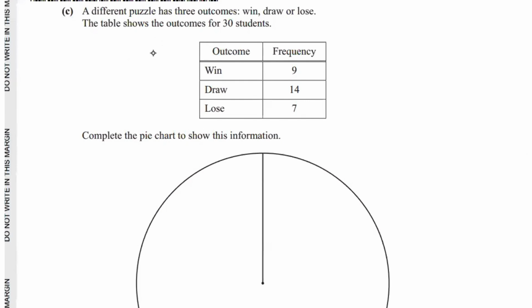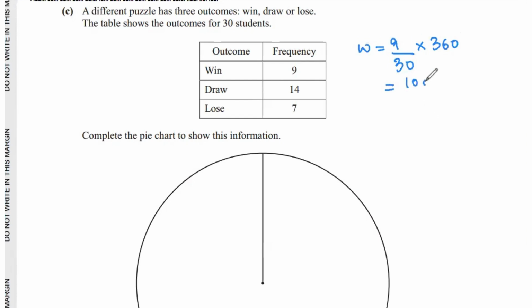Part C says a different puzzle has 3 outcomes: win, draw, or lose. The table shows the outcomes for 30 students. Complete the pie chart to show this information. So for this, we need to first find the angles. For win, we'll do 9 divided by the total students, 30, and then times it by 360, because sum of angles for a circle is 360.